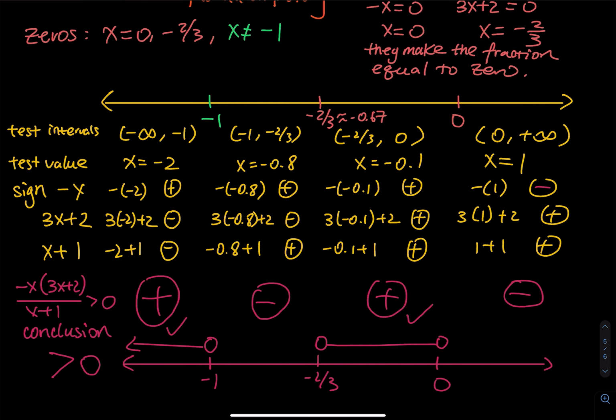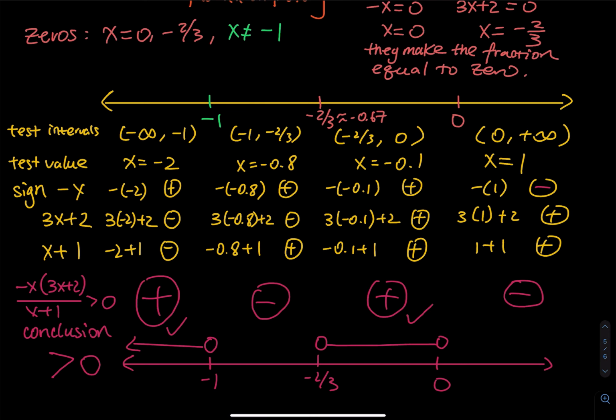So if this is equal to, then we have a solid circle and a solid circle, but this is still an open circle. Once again, when there is an equal, you have a solid circle and a solid circle, because when x equals these two numbers, you have 0 equals 0. But when x equals negative 1, the fraction is just undefined. So this is always an open circle, even though you put an equal right over there.